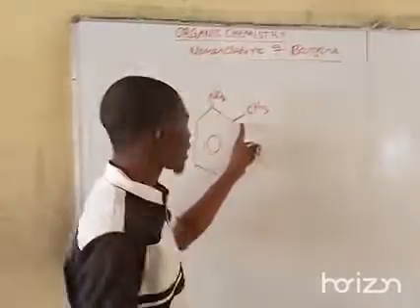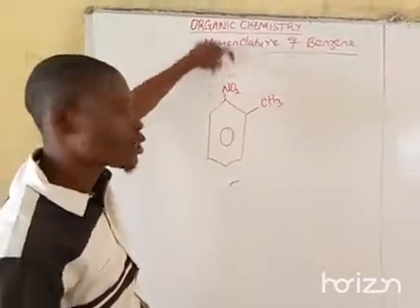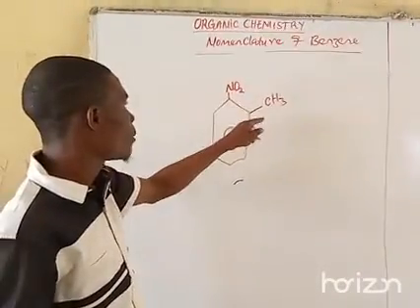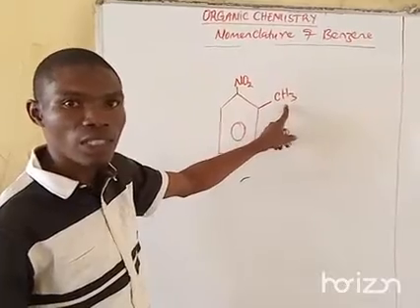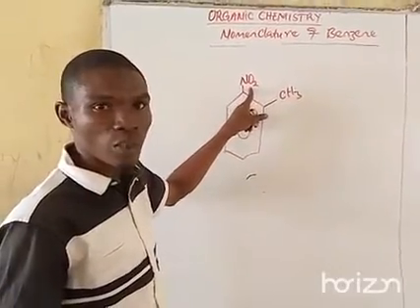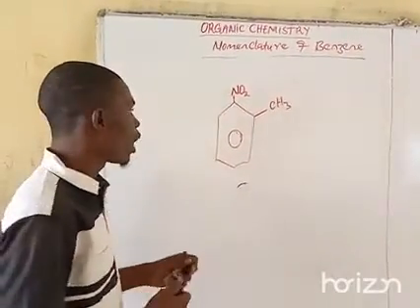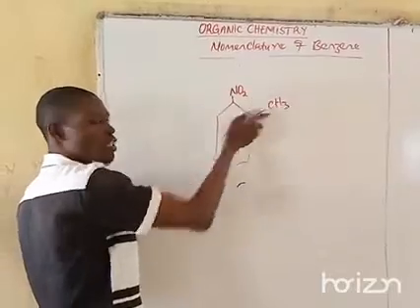So this is what is happening here. This one is supplying the benzene, while this one is withdrawing from the benzene. Therefore, this one will be given more consideration, because this one is withdrawing, while this one is supplying.